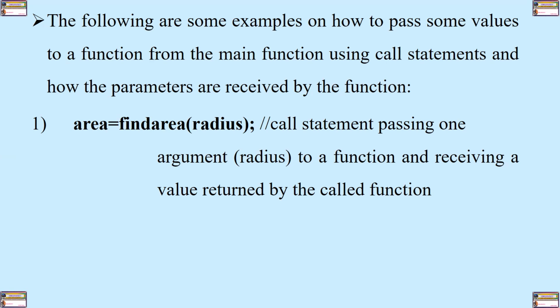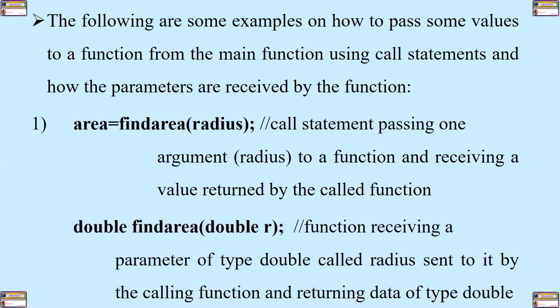Therefore, this is a call statement that is passing one argument, radius, to a function called find area. After the function is done, the caller receives a value that is returned to it by the called function. And that value is the one being assigned to the memory location called area.